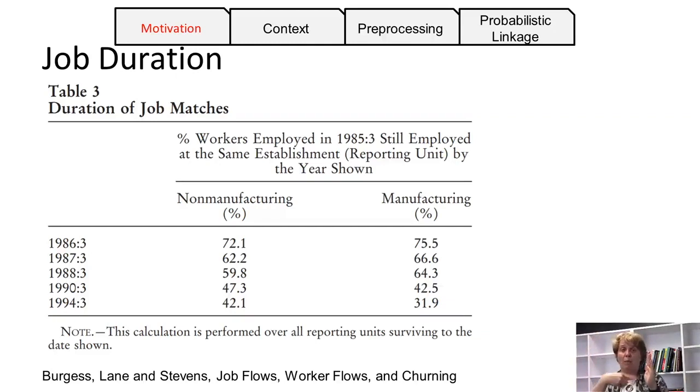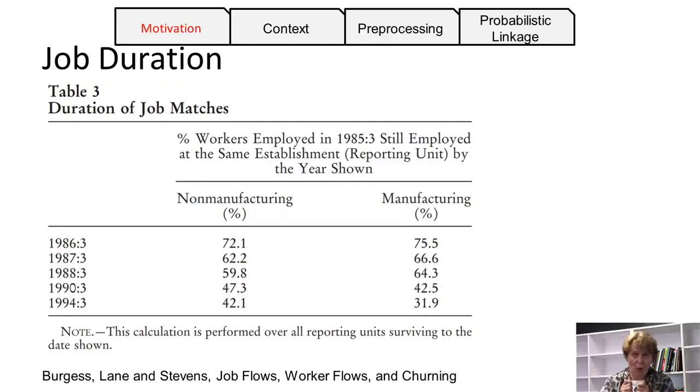Now, the follow-up on that, if I were to try and do that in a survey, would cost a lot of money, and frankly, the quality is not so high when you're asking people to remember this. But what you're able to do is to compare the differences in job duration in manufacturing and non-manufacturing, not by burdening people by asking them the question, but simply by looking at the data.